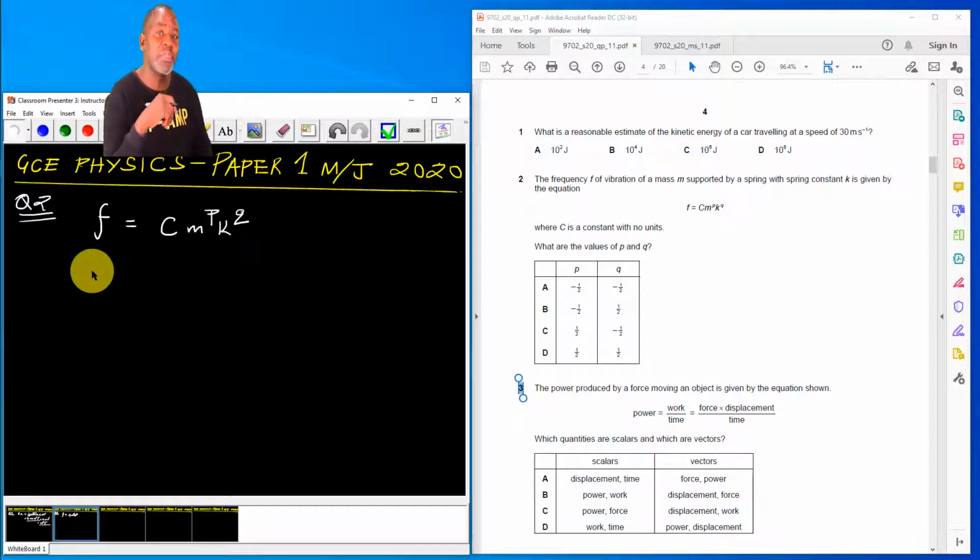There is a difference between an SI unit and an SI base unit. SI base units consist of the kilogram, the second, the meter, the Kelvin, the mole, the candela, and the ampere. Those are the 7 SI base units.